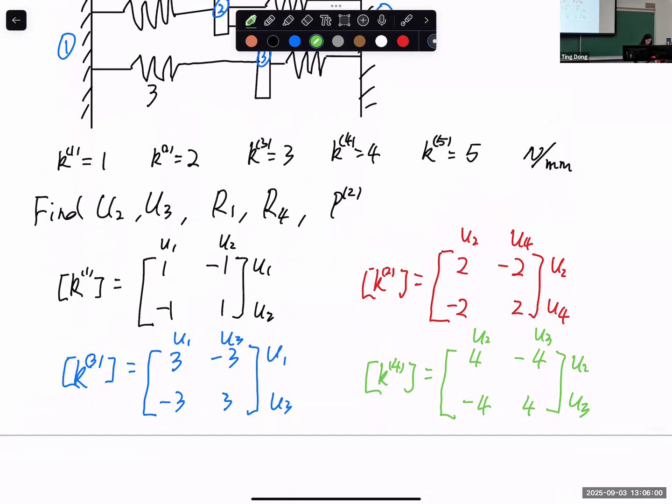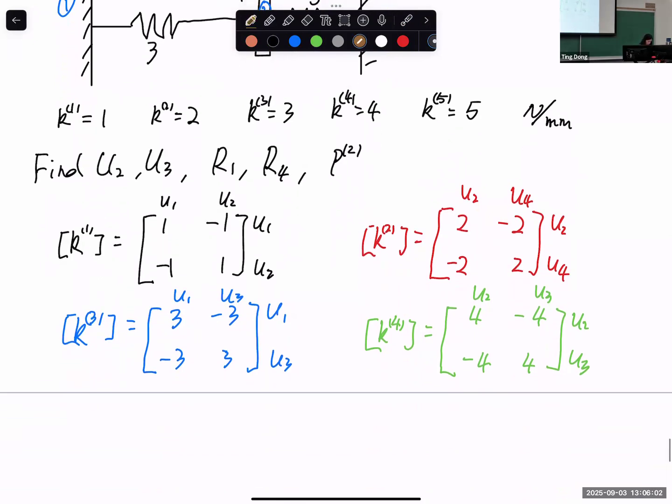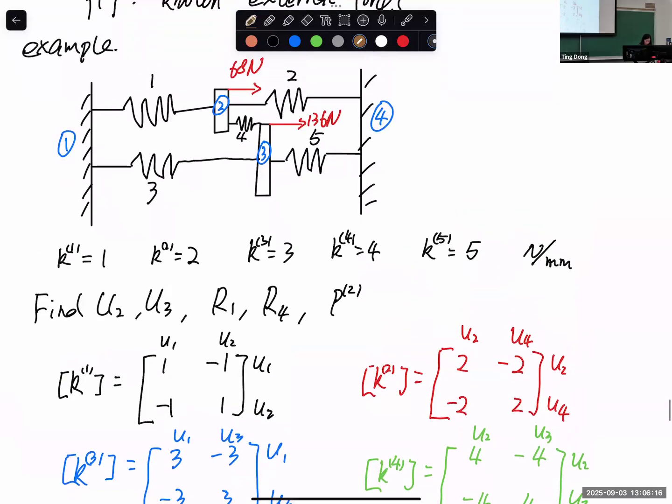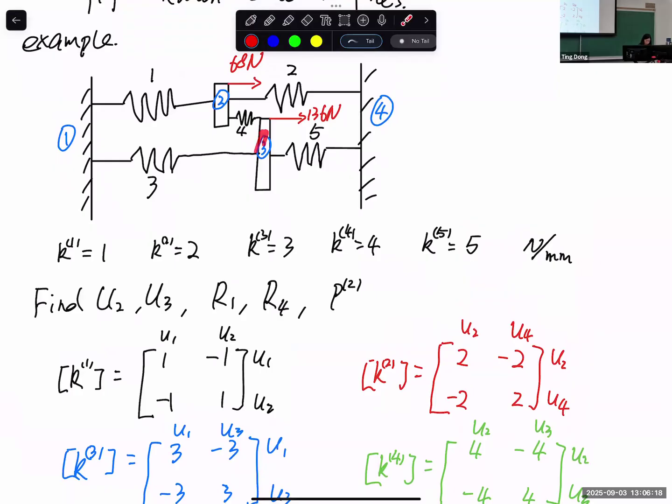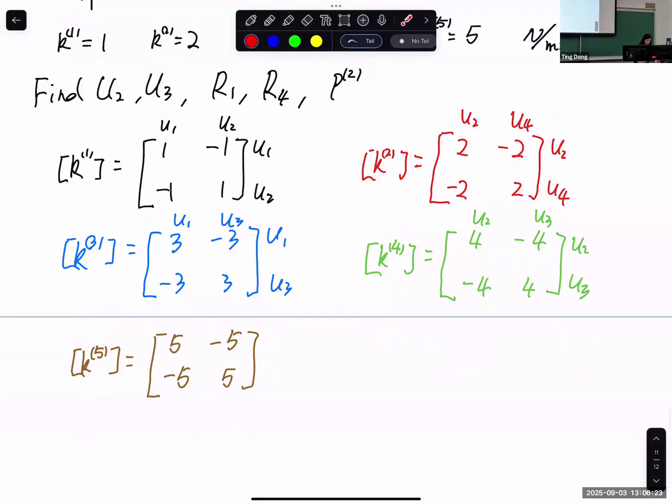The last one, K for element 5: 5, -5, -5, 5. And element 5 is connected to node 3 and node 4. So U3, U4, U3, U4.